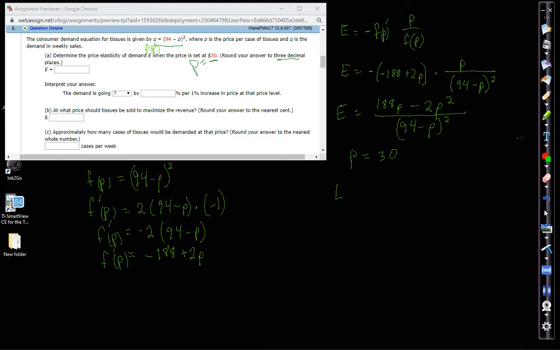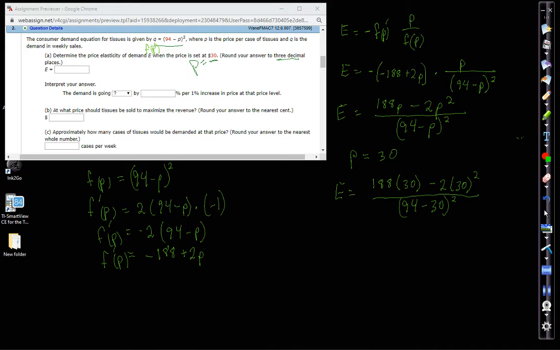Okay, so we've got our elasticity of demand function. So we've got 188 times 30 minus 2 times 30 squared, all over 94 minus 30 squared.